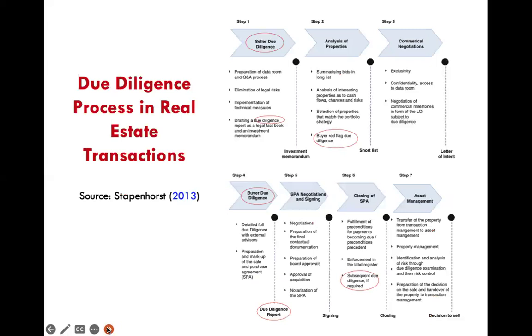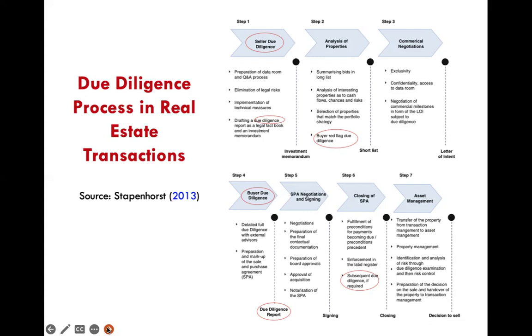Now, there are at least 7 key processes involved in the real estate due diligence process, according to Steppenhorst. Now, the first step in the real estate due diligence would be the seller due diligence. Remember, I made the point earlier that sellers also do due diligence.